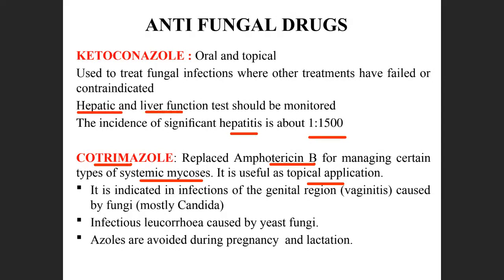It is usually prescribed for fungal infections of the genital regions, that is vaginitis, and also for leukorrhea, a genital infection which attacks the vagina. Azoles should be avoided during pregnancy and lactation.